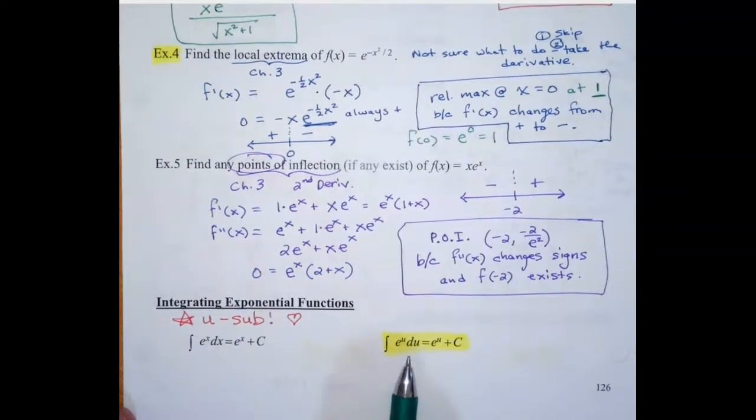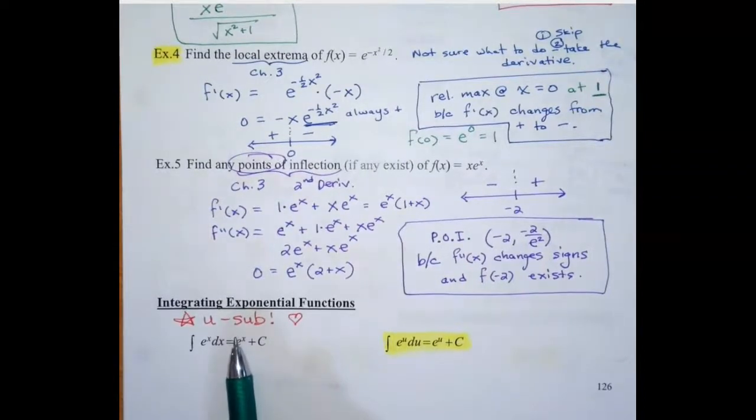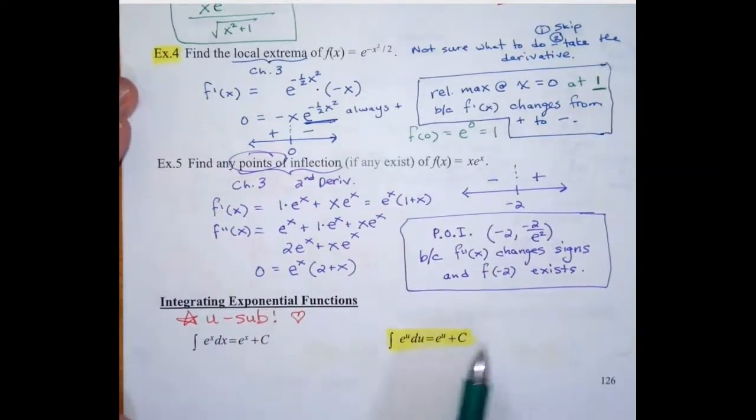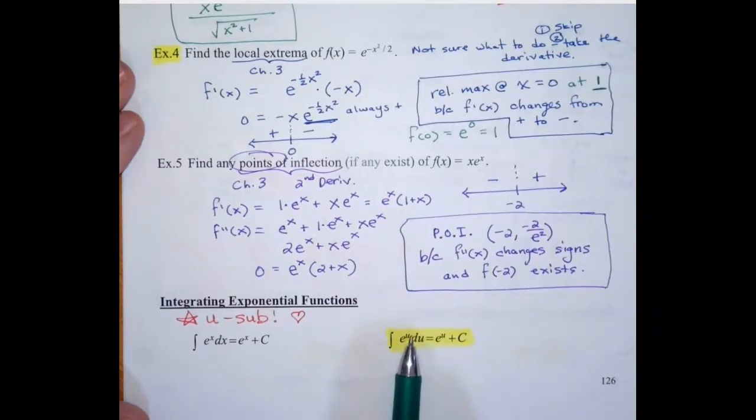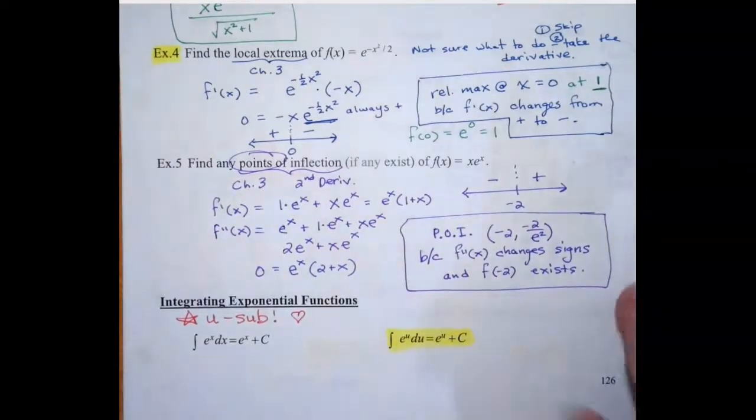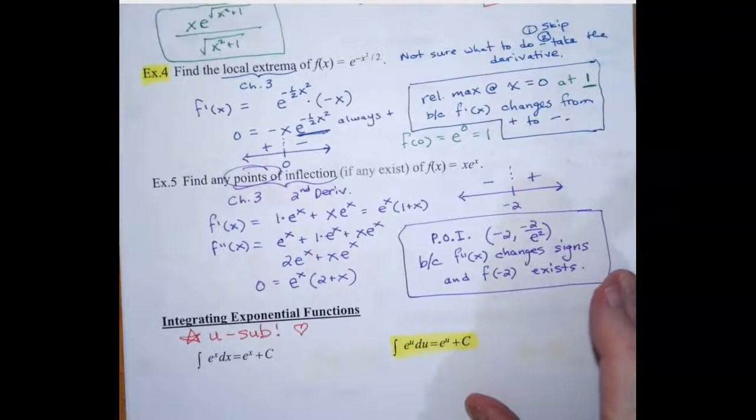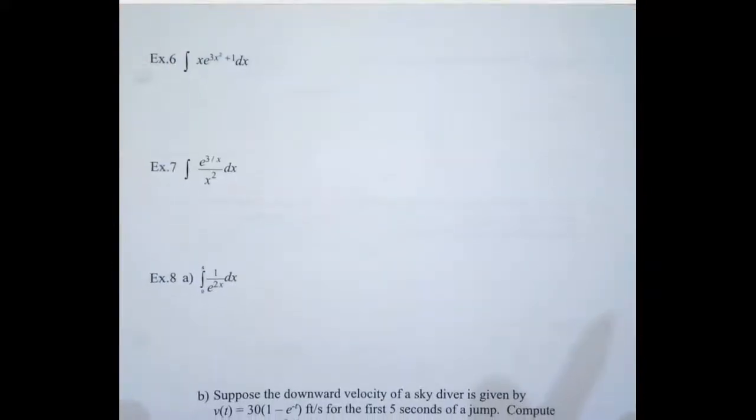Now, with e to the u, it's a little bit trickier, and what we need to do there is we need to do u substitution. We need to substitute whatever the exponent is so that we just have e to the u. Okay? It's probably easier to see that in action, so we will just get there.